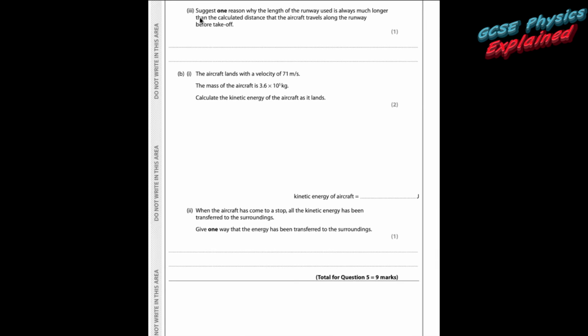Part 3. Suggest one reason why the length of the runway used is always much longer than the calculated distance that the aircraft travels along the runway before takeoff. Right, it's just in case you need to abort the takeoff, or if there's some kind of mechanical engine failure.